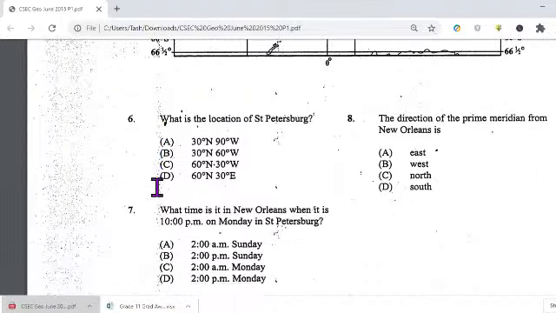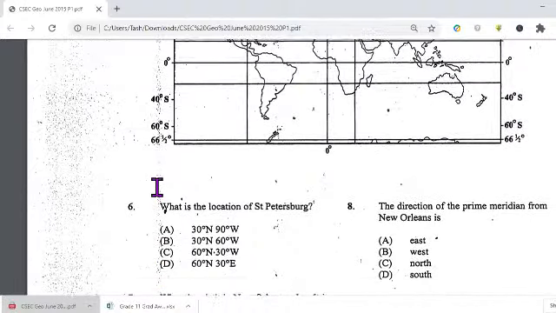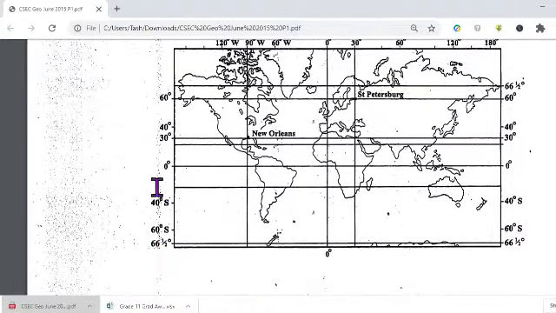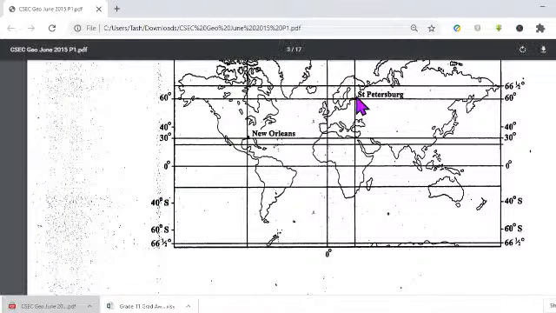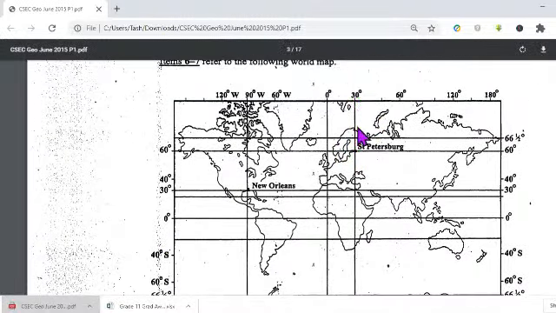So what time is it in New Orleans when it is 10 p.m. on Monday in St. Petersburg? So it's 10 p.m. here on Monday, and we want to find out the time here at New Orleans.